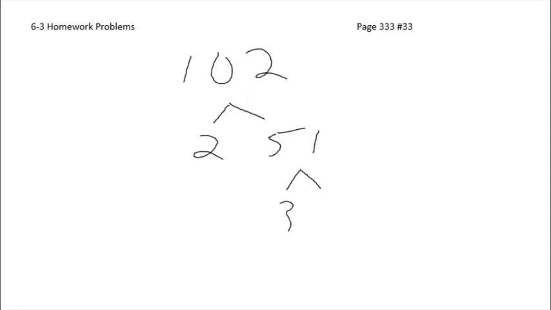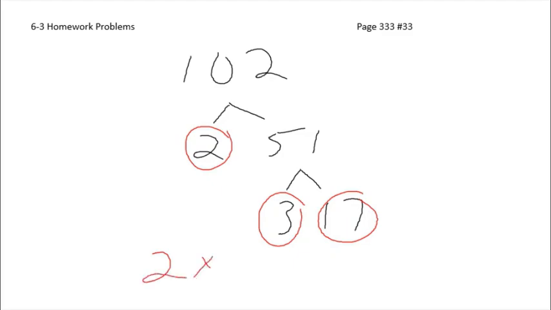It's 3 times 17. Now what I have to do is just list these out. This is prime. I can't do any more. That's prime. And this one's prime. So now I just list these out. 2 times 3 times 17. All right.